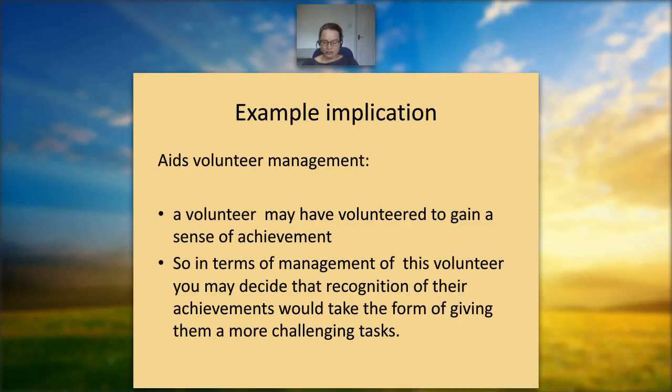So one of the reasons that people can give for wanting to volunteer for an organisation is about gaining a sense of achievement.